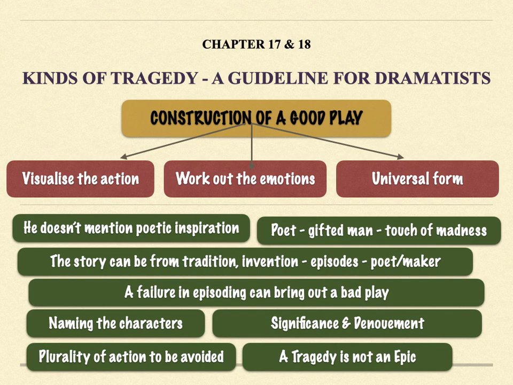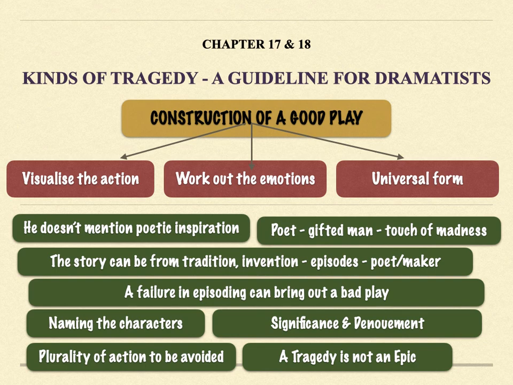So he says there are three things that a dramatist should think about when he is constructing a good play. For the construction of a good play, these three elements are very important. The first one is visualizing the action. The second one, to work out the emotions. And the third one, to bring in a universal form.